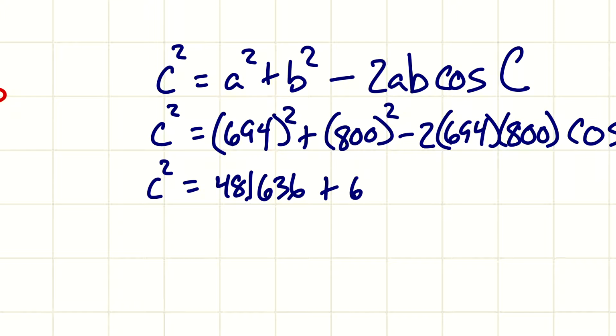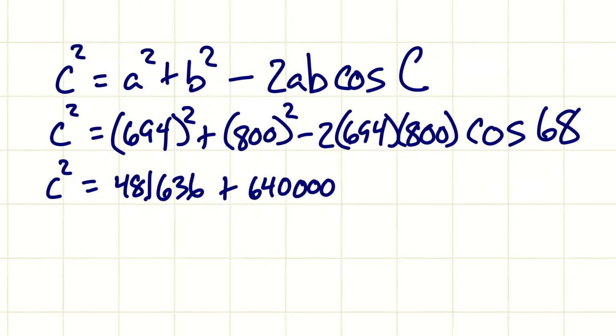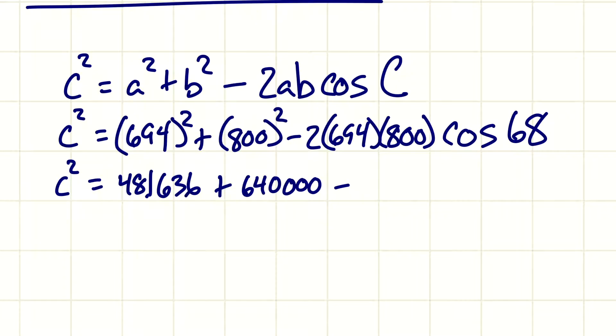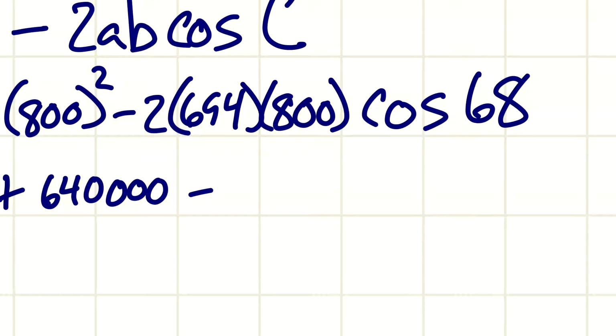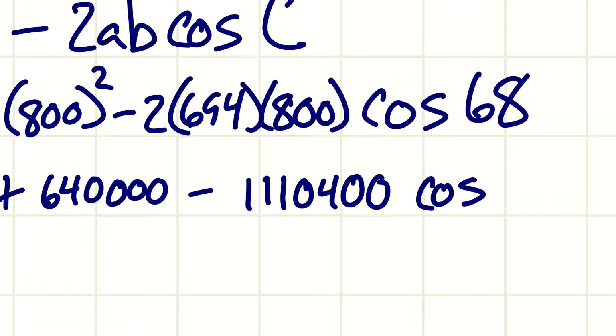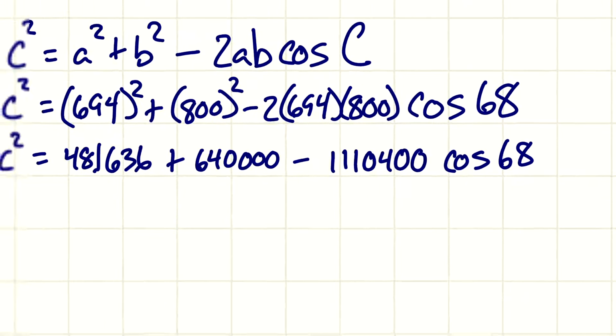So that's 640,000. Right, big numbers. Minus, okay, so we're going to go 2 times 694 times 800. Oh my goodness, humongous. So 1,110,400 times cosine of 68.